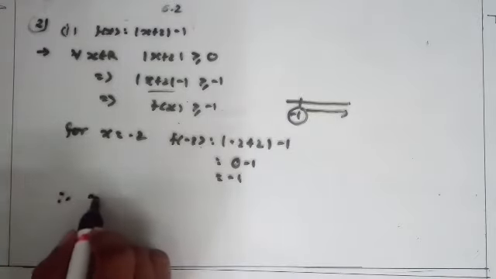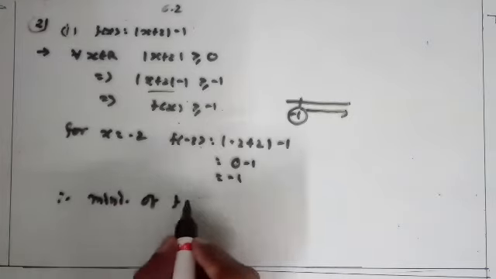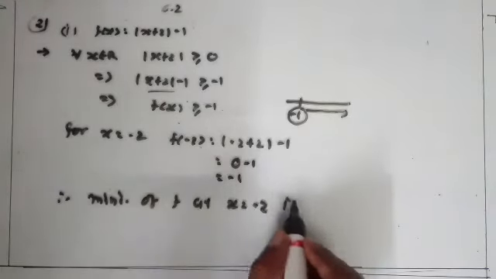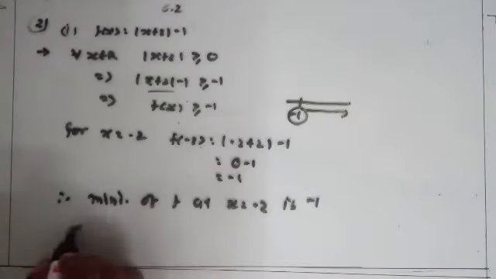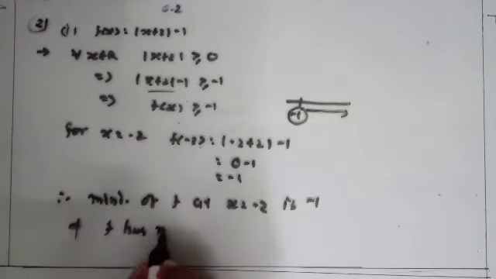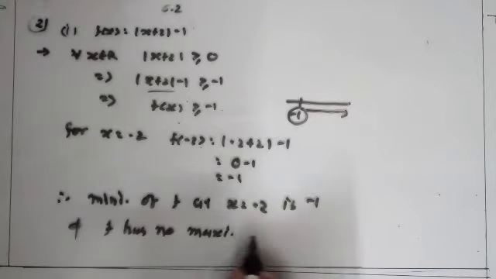Therefore the minimum value of f at x = -2 is -1, and f has no maximum value. Clear this?